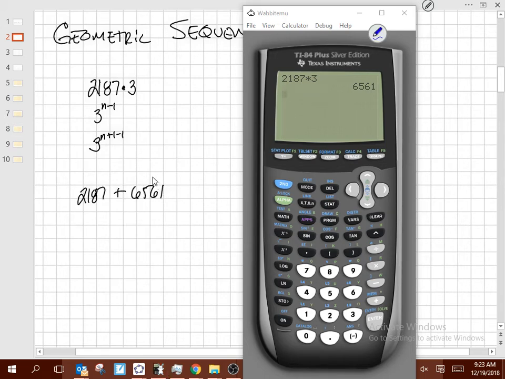That's the next term, right? So you're now saying that is 3 to the n, in relative terms to that being 3 to the n minus 1. And what we're finding, that is 3 again. So can't we just take that and do 1 times 1 minus 6561 over 1 minus 3?